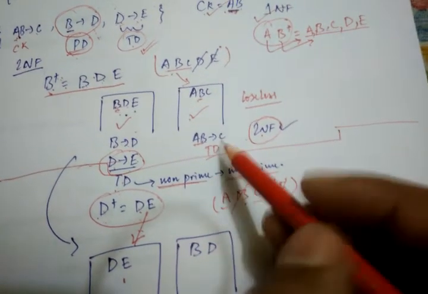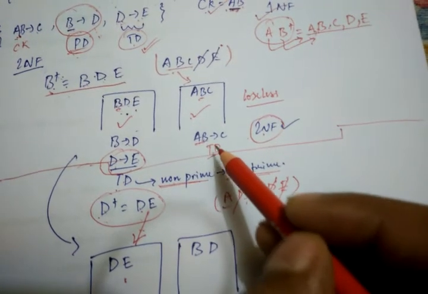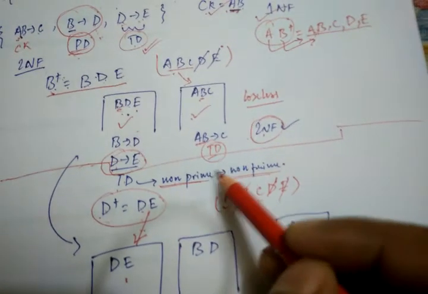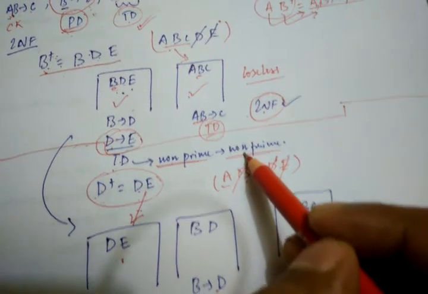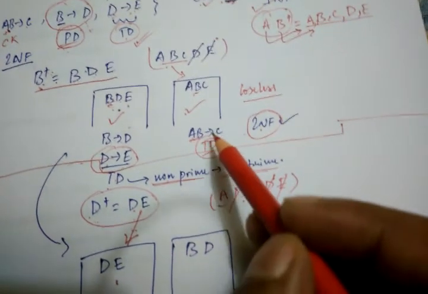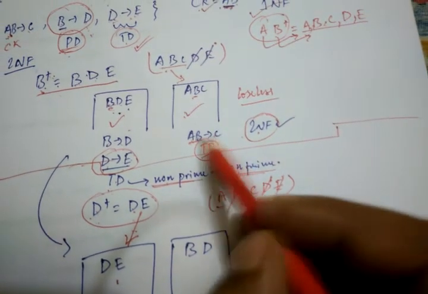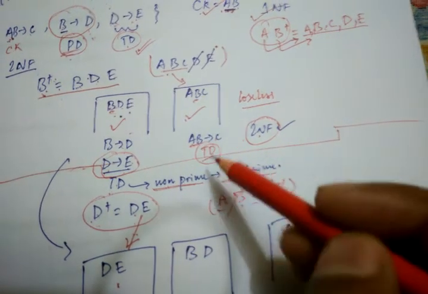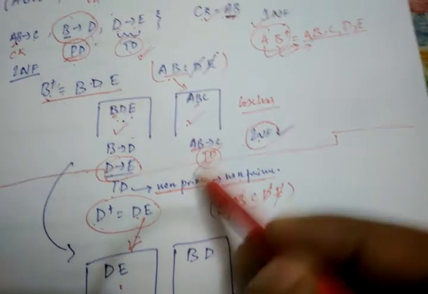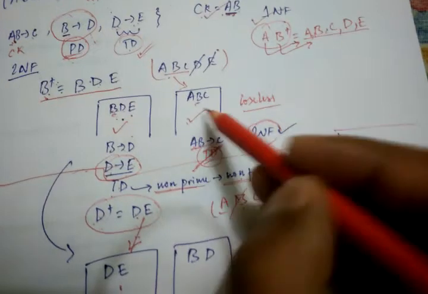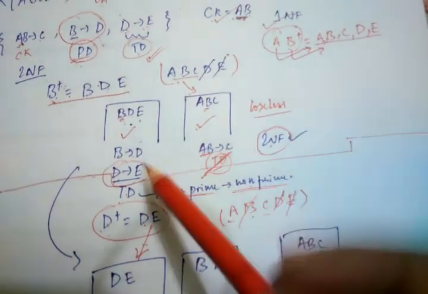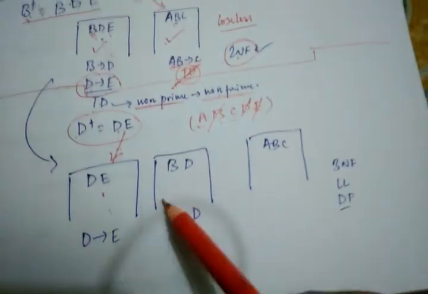We just need to understand one thing: we get a transitive dependency only if a non-prime attribute is determining a non-prime attribute, not when the candidate key is determining a non-prime attribute. That would not be the case for a transitive dependency. So here we are not getting a transitive dependency, and we will not disturb this table. We will only divide the other table. So from this table we can get these two tables.